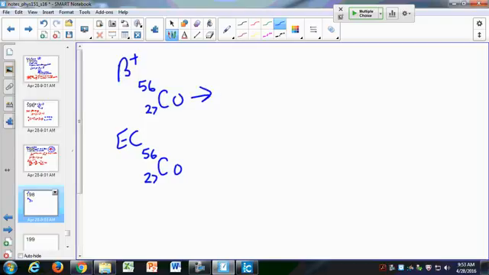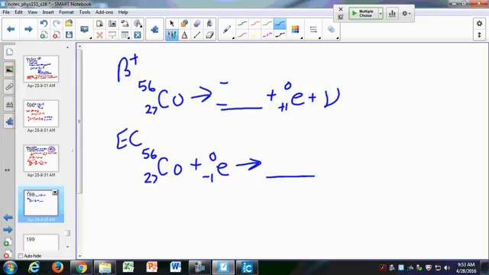I can have it decay by beta plus. So remember, this is going to decay to something plus an e 0 plus 1 plus a neutrino. You can think about what that's going to be. What are the values for A and Z as they sit over here? And then my electron capture will work similarly, except here I have an electron that's operating on this side, and you'll find that the daughter nucleus here will be the same as the daughter nucleus here.